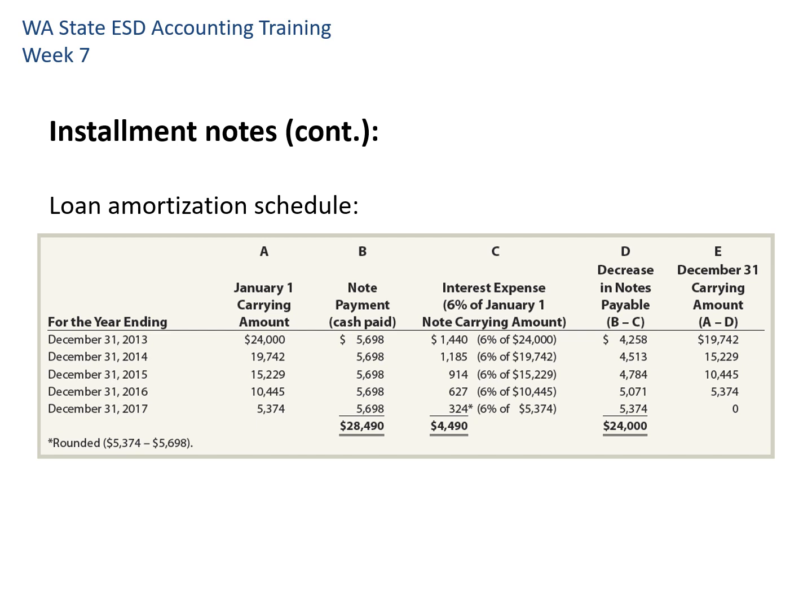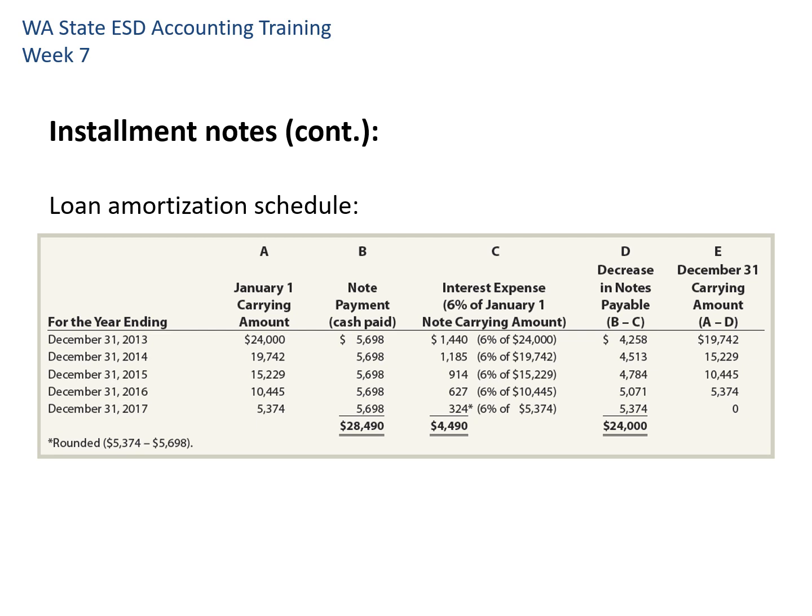So of $5,698, $1,185 is interest. So the remainder, $4,513, reduces my loan, which brings it down to $15,229. I keep doing that math each year, and in the last year, that lower right corner will zero it out. So the principal portion for my last payment will equal what I owe on the loan.